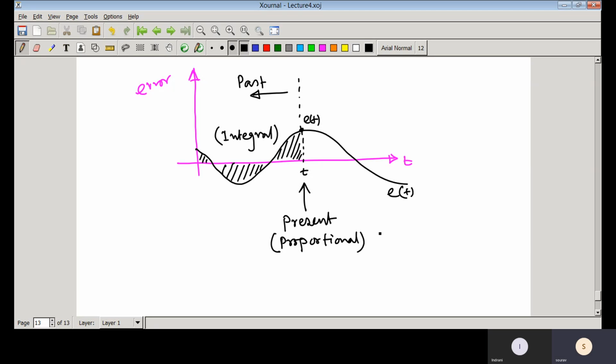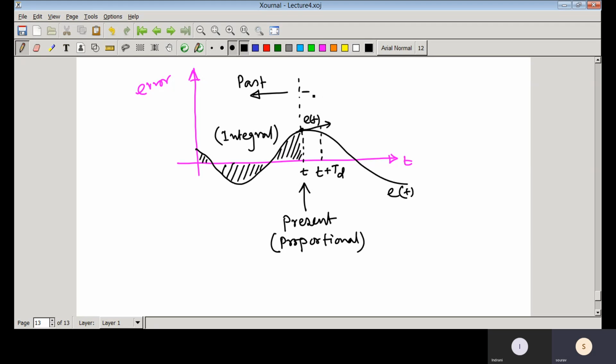And in case of the derivative controller, it actually takes the slope at this moment. So that means it just predicts after some time, depending on what Kd value you have chosen, it takes some value, say t plus Td. So after t plus Td, what would be that value? Depending on that, the controller generates some control input.